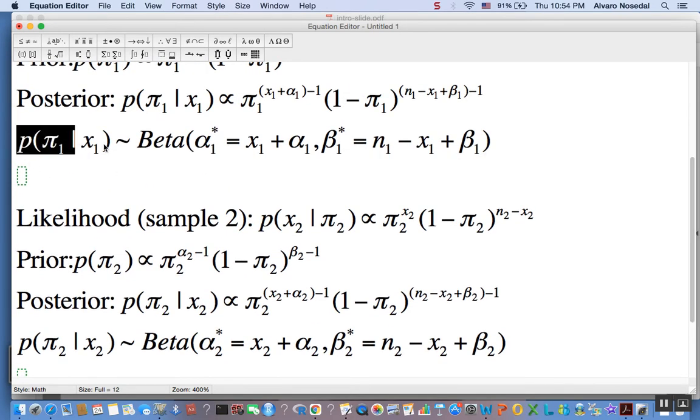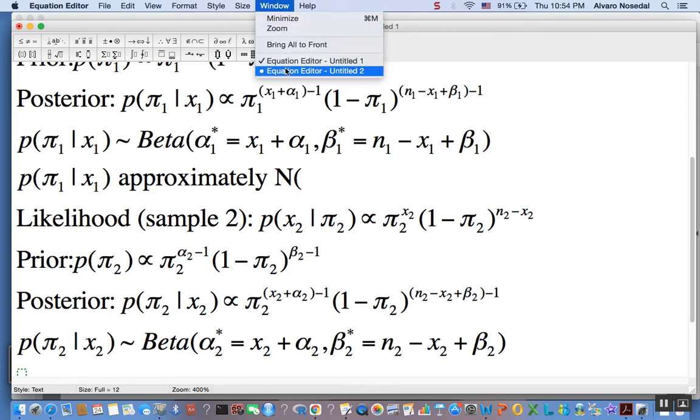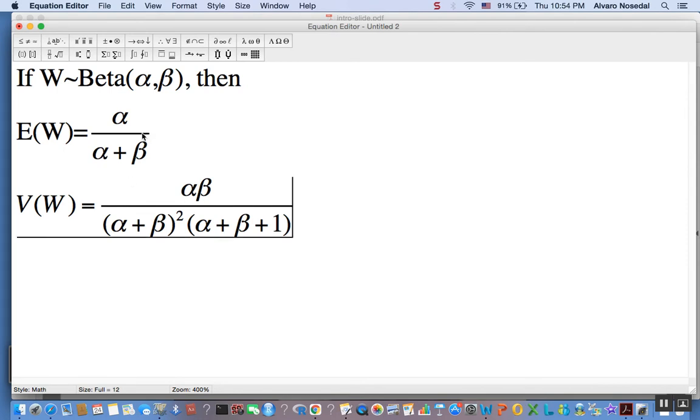This one is going to be approximately normal, and that's why we wanted to talk about those results that we have seen before, the expected value and the variance of a beta.